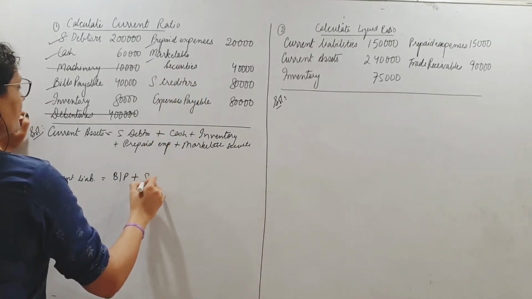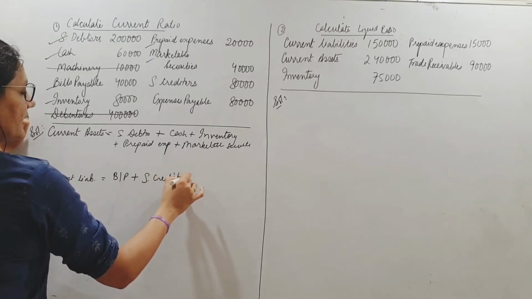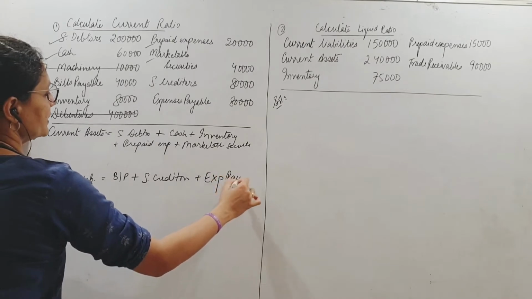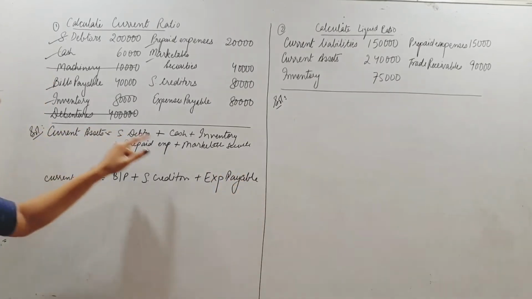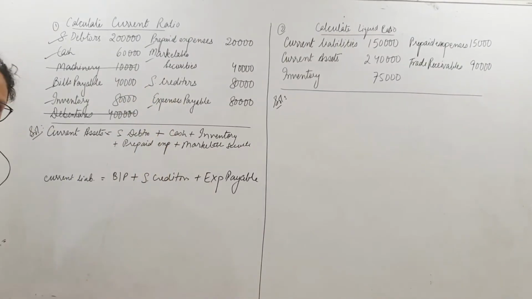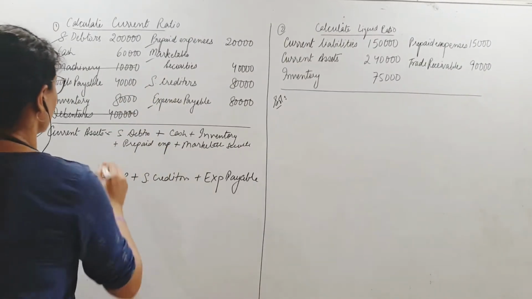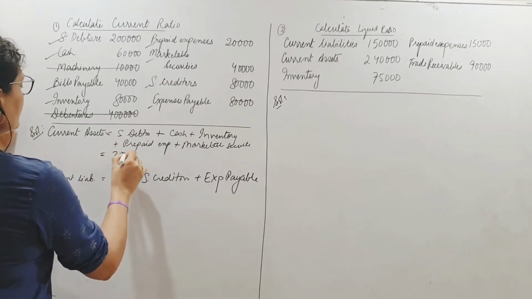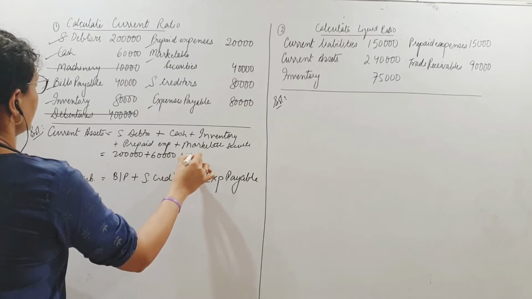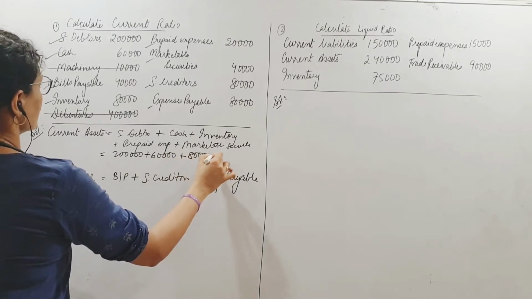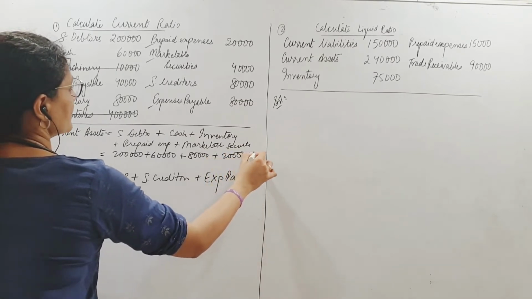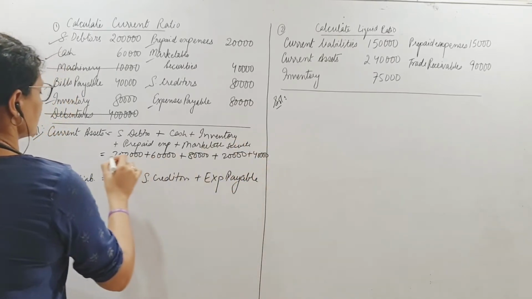And then here we have sundry creditors, again current liability, and expenses payable. So I have got my list of current assets and current liabilities from here. Done? This is my first step. Then I place the amounts here. Sundry debtors 2 lakhs, cash 60,000, inventory 80,000, prepaid expense 2,000, and marketable securities 40,000.